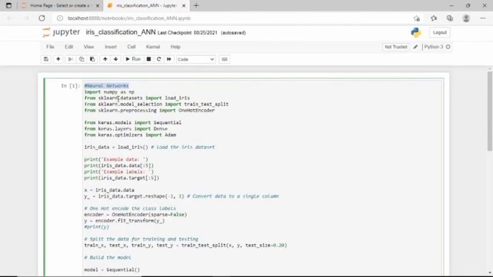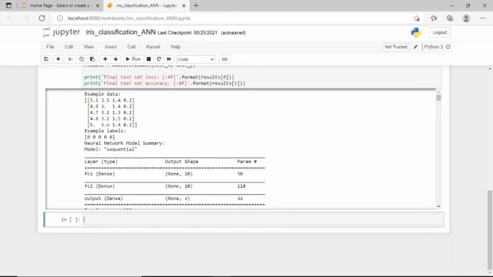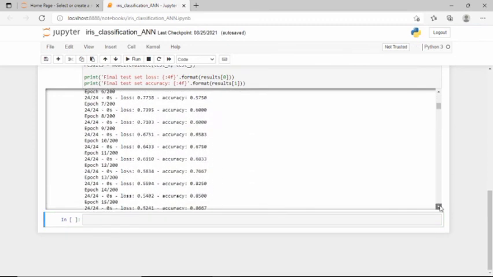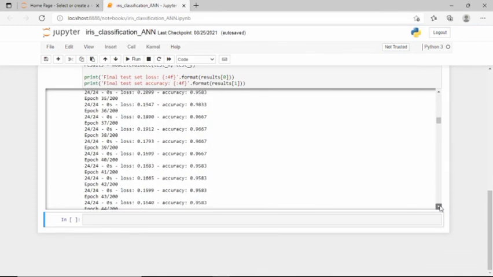If you follow this code, you will see that many new libraries come in, and see what the output is. The output will look like this. I am performing Iris classification, and it will iterate. See, it's a huge iteration.